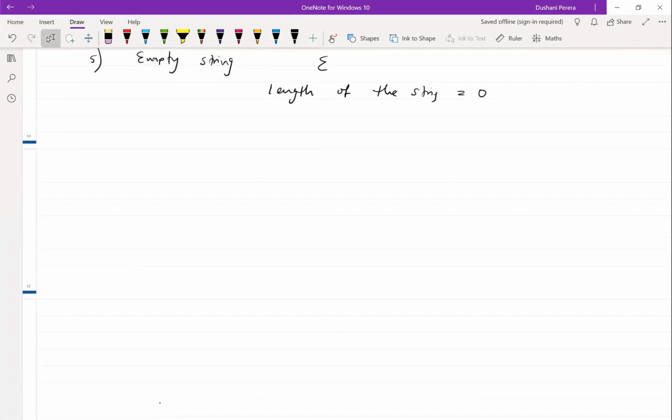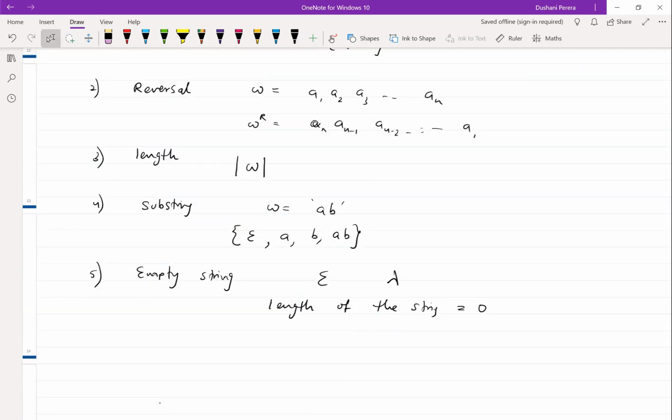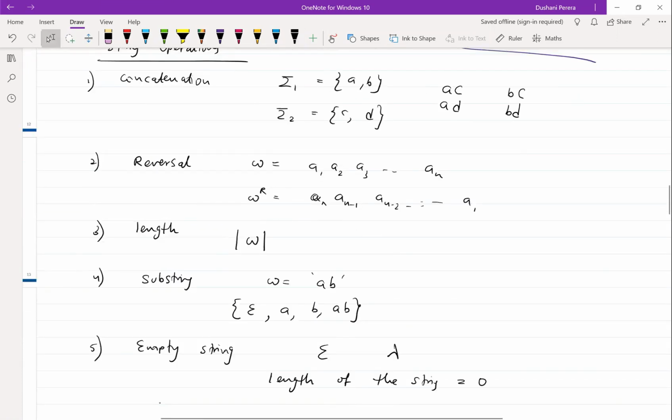When it is 0, we symbolize it by epsilon, or sometimes we use lambda as well. So these are the string operations which we will talk about: concatenation, reversal, length, substring, and empty string or null string.